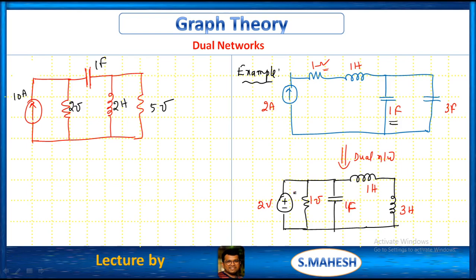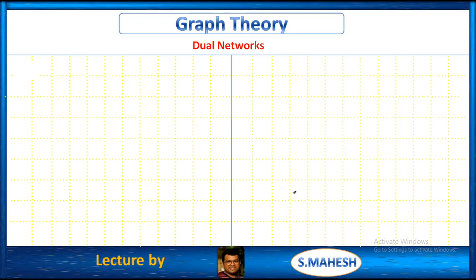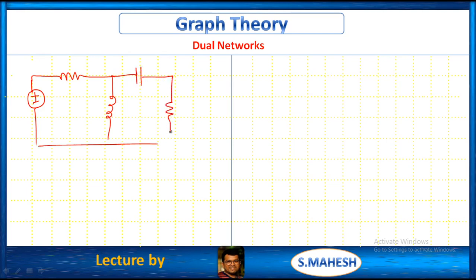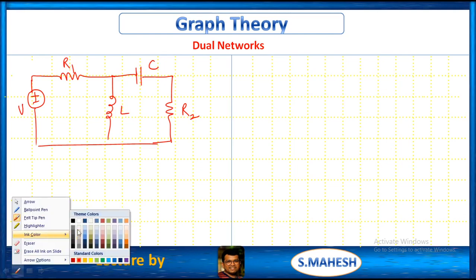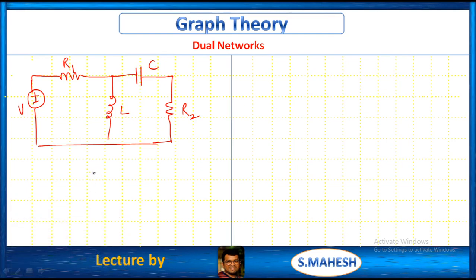I will give you another example. Let us say this is R2, this is R1, this is L, this is C. This is say V. Then what is the dual for this network?